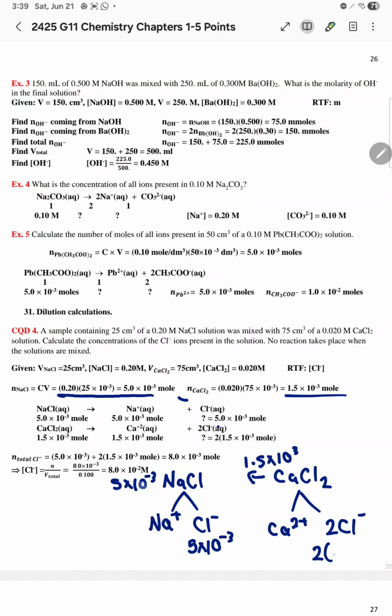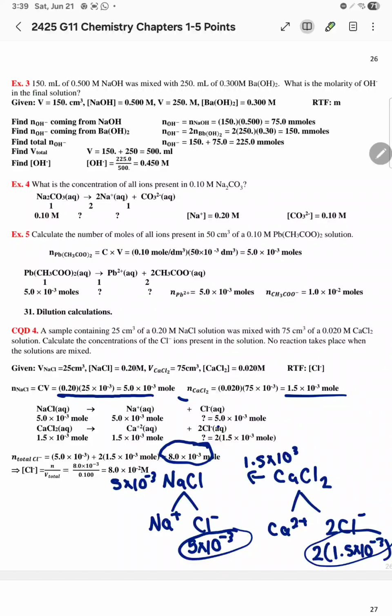So here it's going to have 2 times 1.5 times 10 power negative 3, which is 3 times 10 power negative 3. So now we're going to add all of our values. You add the number of moles together, and they add up to 8 times 10 power negative 3 moles.